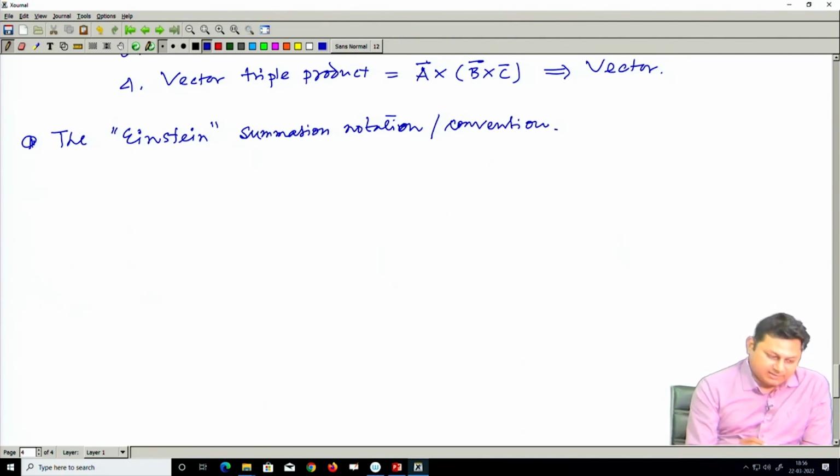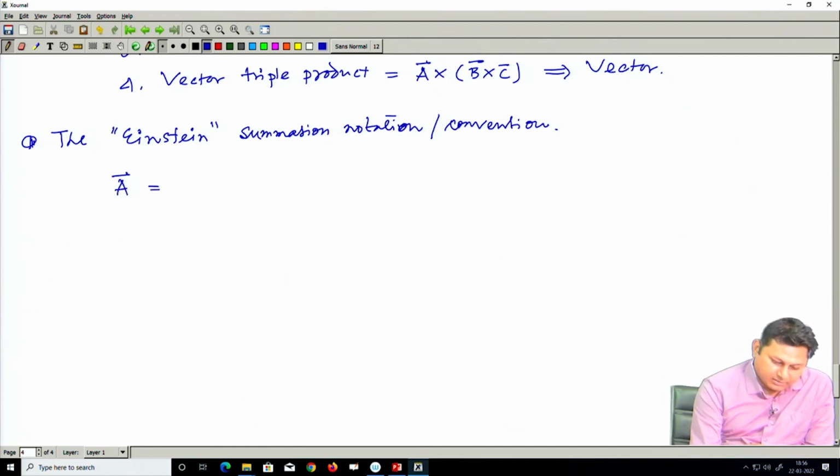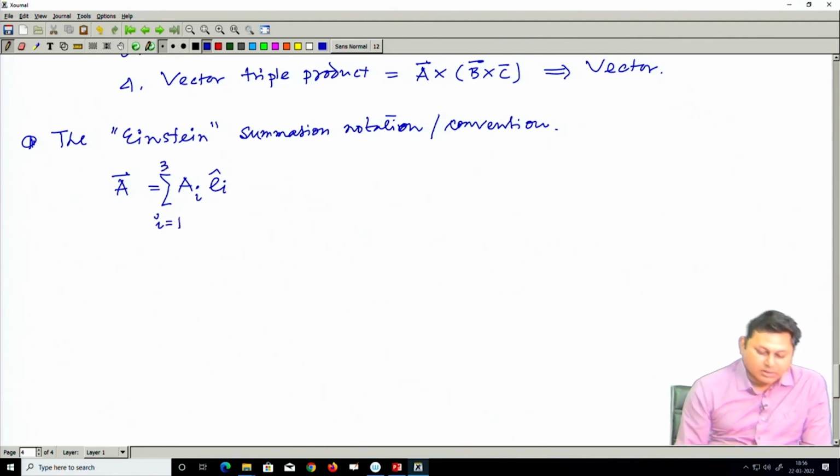So, what it says: let me go back to the way I defined the vector in this basis form. A can be written in this way. You can see we have a summation sign here.